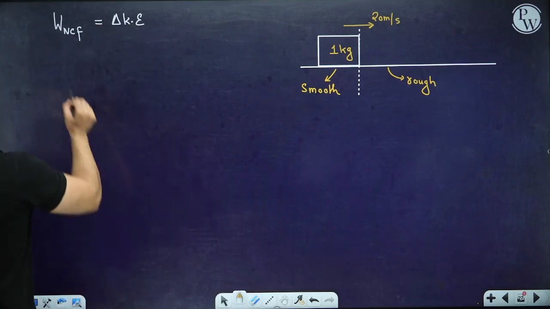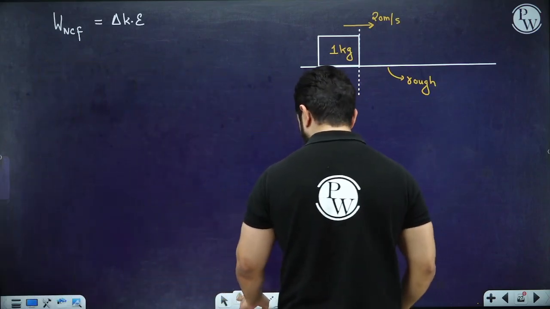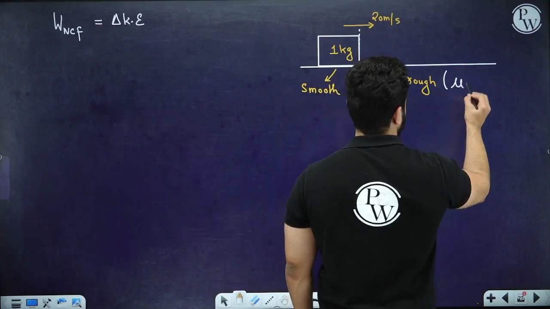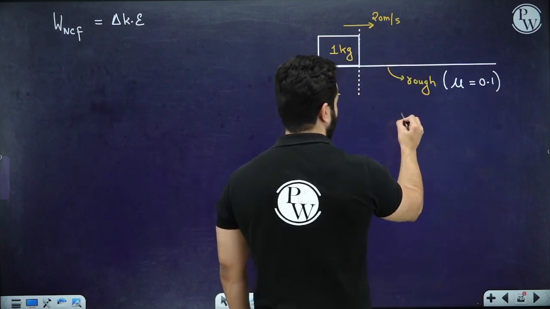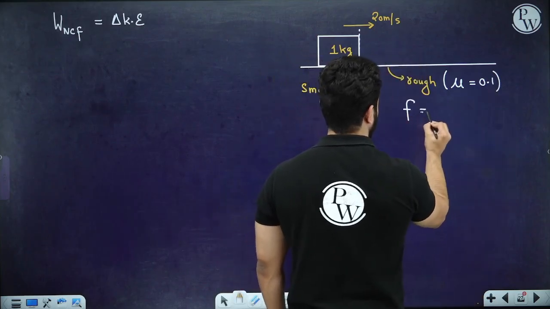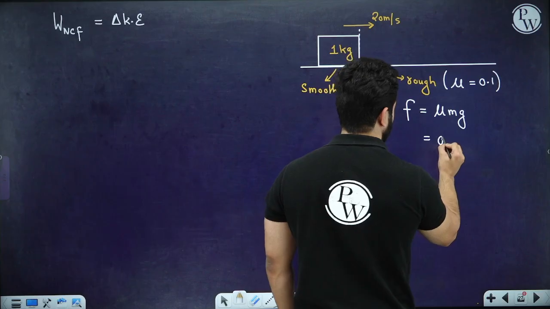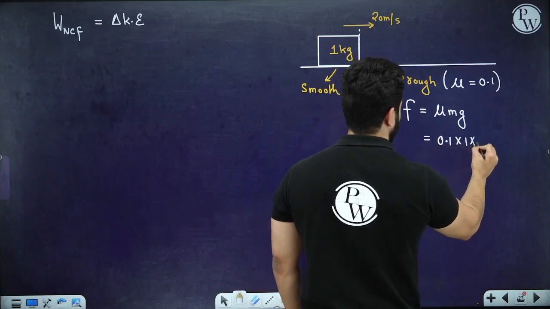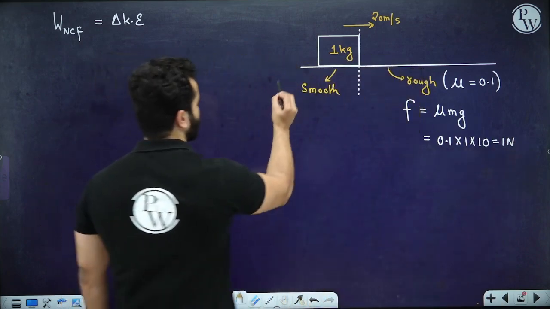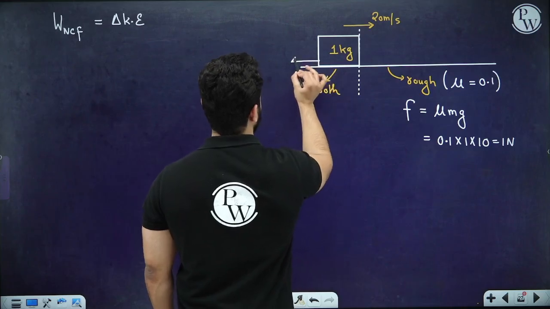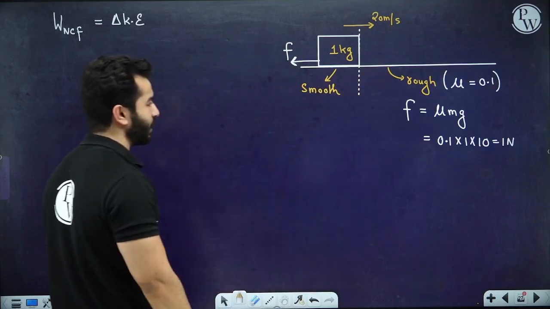So what is the work done by the non-conservative force? Let's suppose that mu is given as 0.1. So the friction force will be mu times the normal reaction, mu mg, that means 0.1 times 1 times 10, that means 1 Newton. Is that correct? So the friction force will act in this direction and displacement is happening in the forward direction.